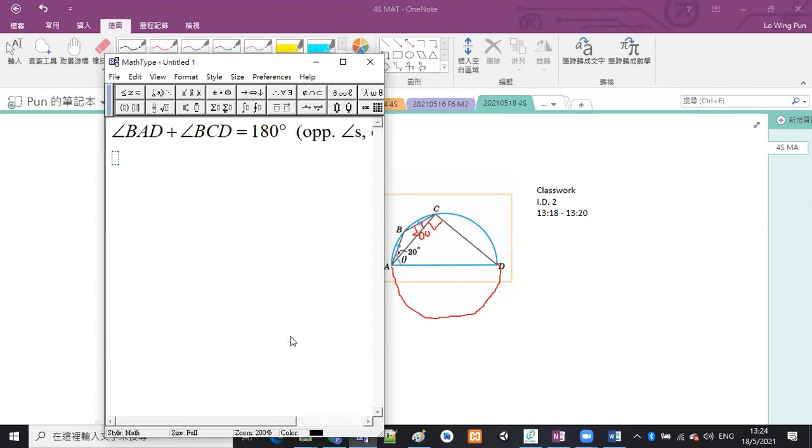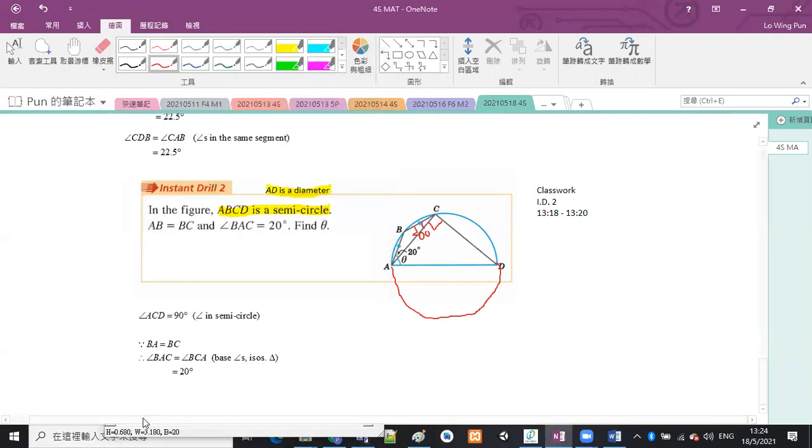Angle BAD is 20 degrees plus theta, and then plus angle BCD, which is 20 degrees plus 90 degrees. The sum of these four numbers will be 180 degrees. So theta can be calculated to be 50 degrees. That is the answer of the ID2.